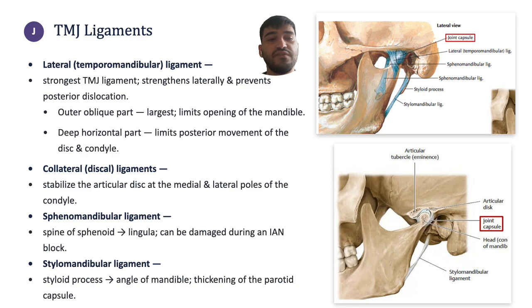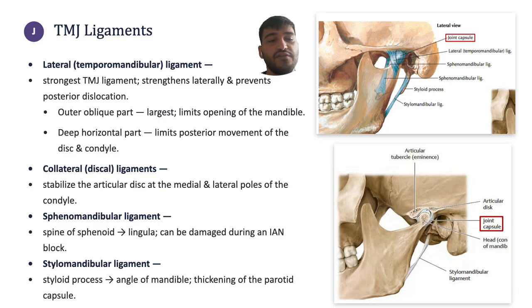And then the deep horizontal part of the lateral temporomandibular ligament limits the posterior movement of the disc and condyle. Then we have some collateral discal ligaments, and those stabilize the articular disc.